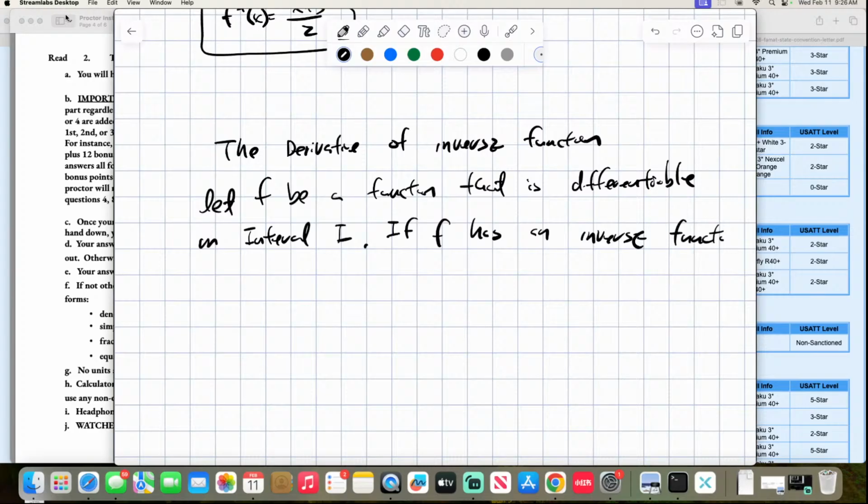Okay, so if we say g of x is the inverse of f, then if I want to take the derivative of the inverse function, g prime of x equals 1 over f prime of g of x. Another way to think about it is this: f inverse prime of x. That looks kind of funny, but it can be written that way. It is 1 over f prime of f inverse of x.